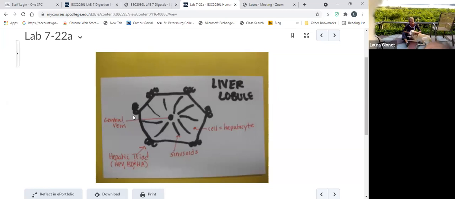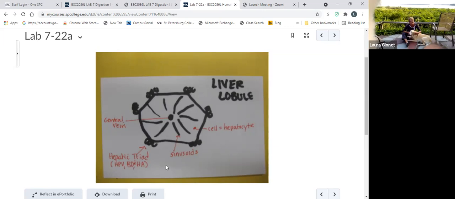All right, we have those hepatic triads. That is composed of one hepatic portal vein, which is the largest vessel you'll see. And then similar size usually is your hepatic artery and your bile duct. The hepatic artery will have a muscular wall, and you'll often see some red blood cells in there.